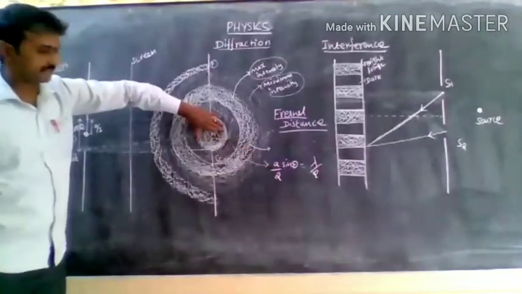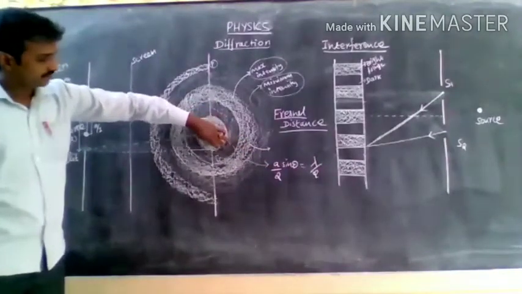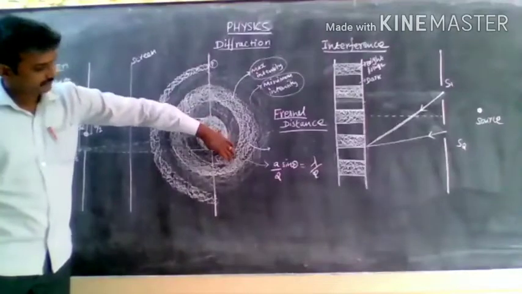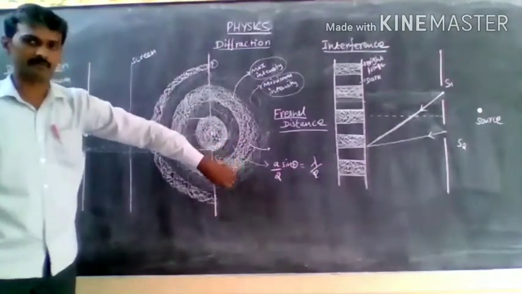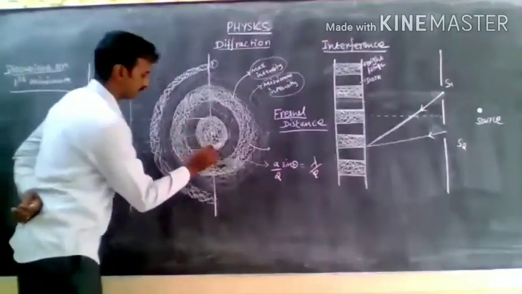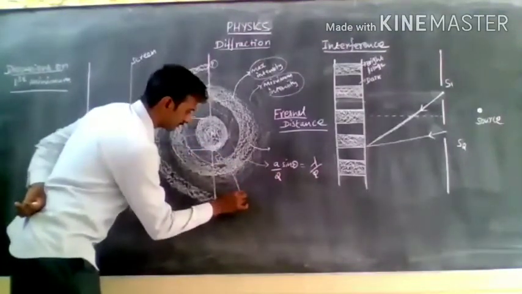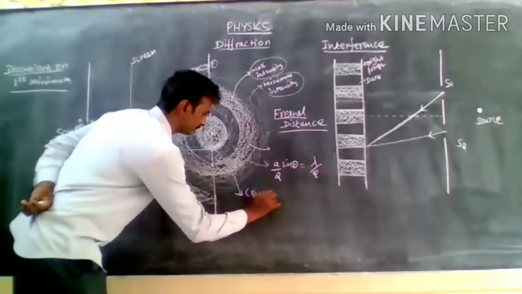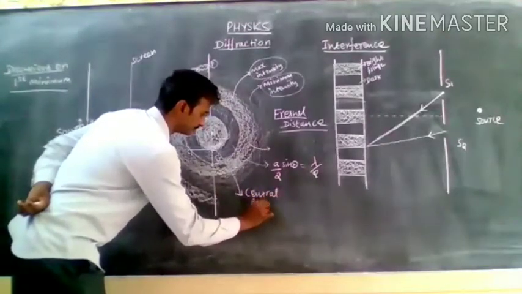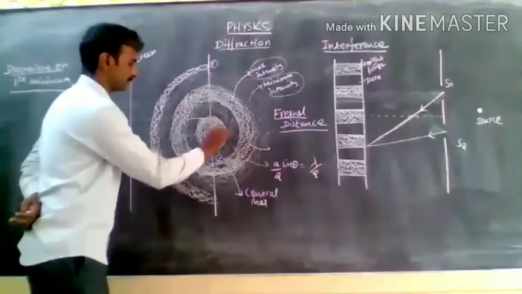So the center is a maximum, next the first minimum, next the first maximum, next the second minimum. The names of the fringes: the first one is the central maximum.